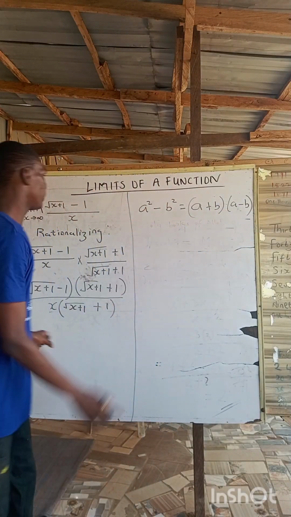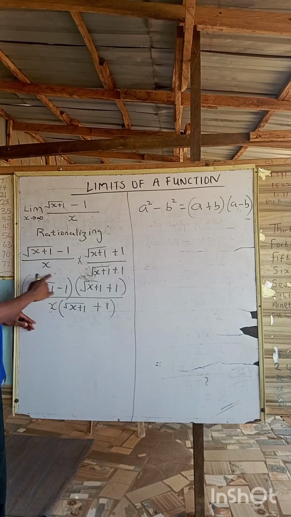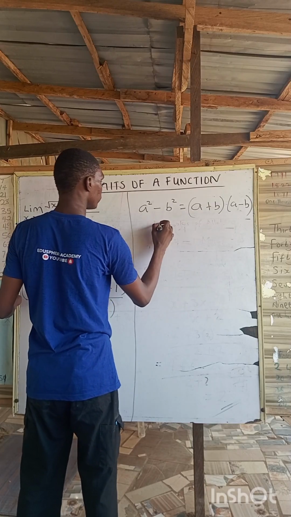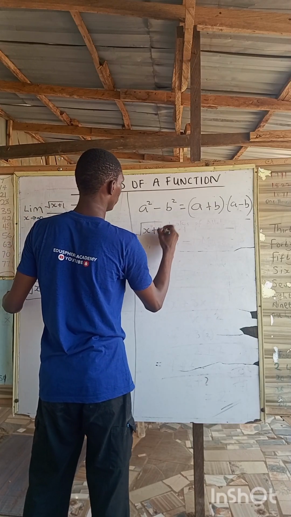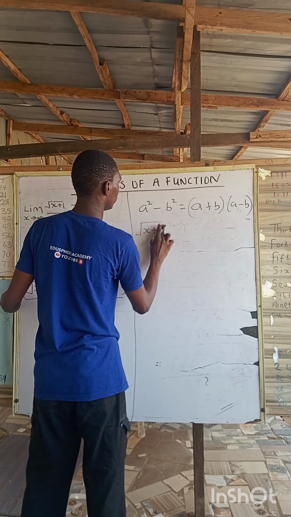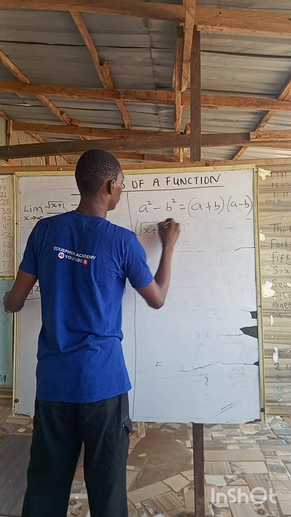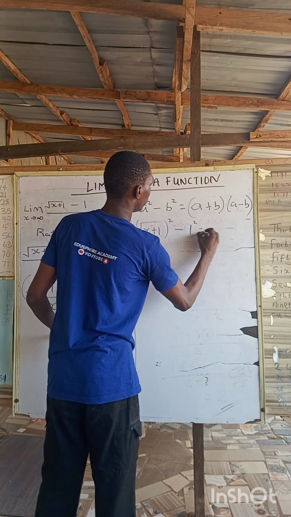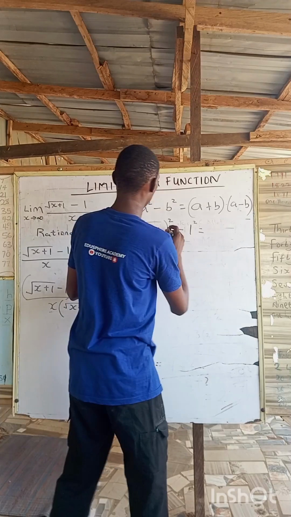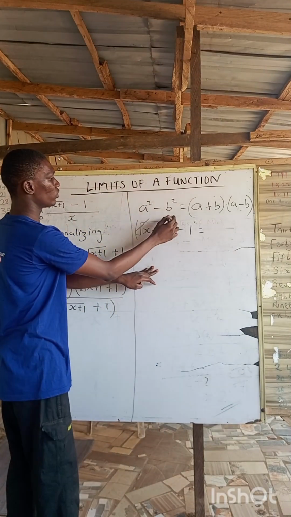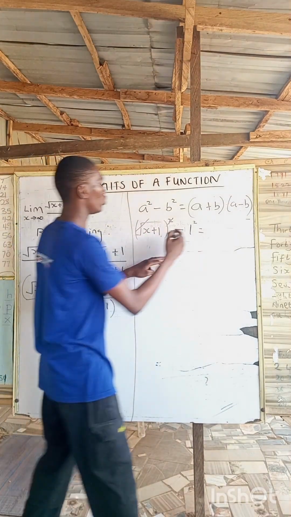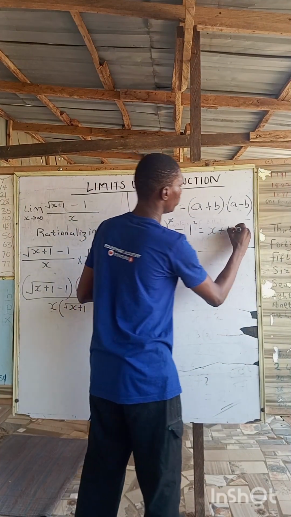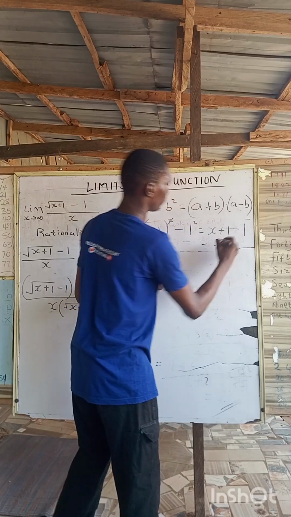Relating it to this, let a be root x plus 1 and let b be minus 1. That will be root x plus 1 squared minus 1 squared. The square cancels the root, and this will be minus 1. That will be x plus 1 minus 1, which gives us x.